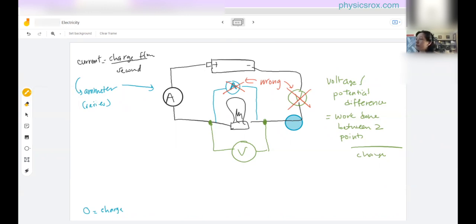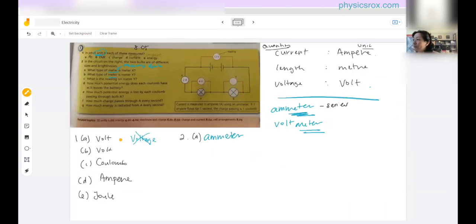So this one we use the voltmeter. We put in parallel. Okay, so this is just for you to be aware. So that's why this one is the ammeter, and that's why B will be the voltmeter. Can? Okay.